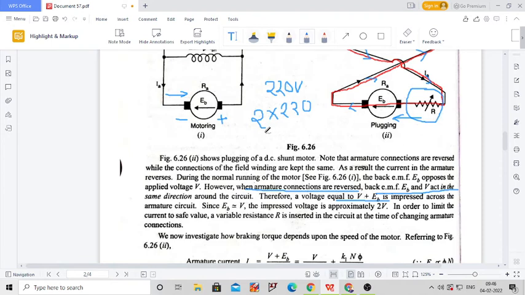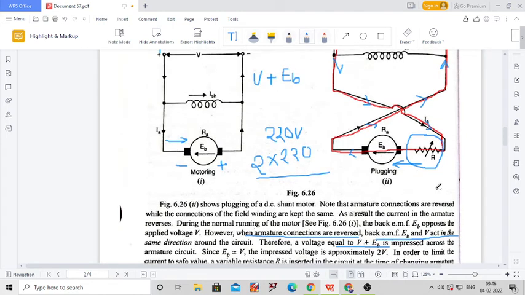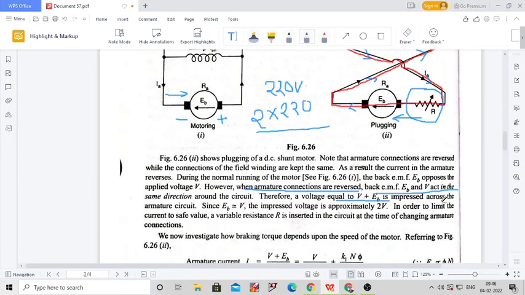So the voltage across this armature circuit becomes twice of the normal operating voltage, because both EB and V now act in the same direction. As both EB and V act in the same direction, there will be a rise in voltage, and that voltage is nearly equal to twice of the terminal voltage V. If we only connect the armature, we know that armature resistance RA is very small.